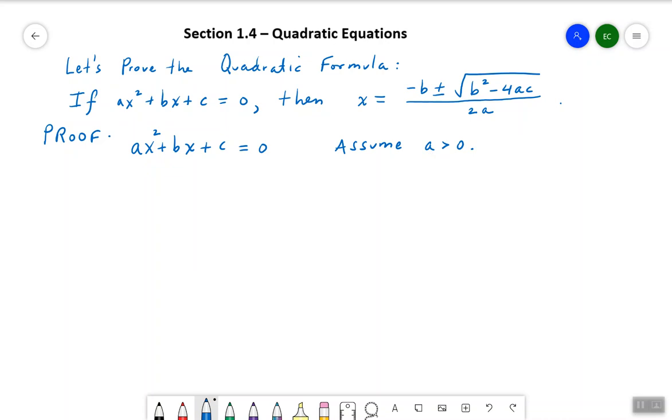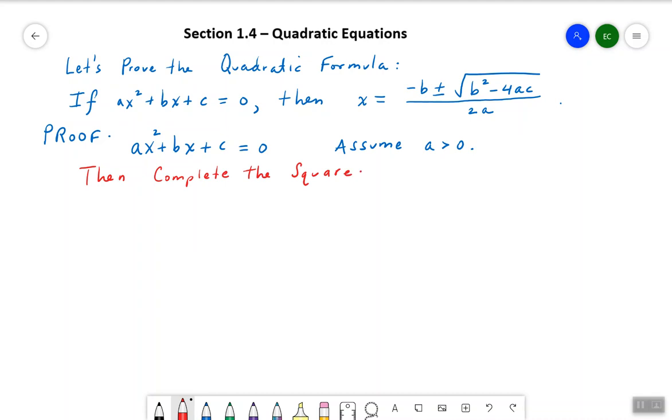So I haven't lost any generality. We say that without loss of generality, we can assume that a is positive. And so then the big idea is just to complete the square. That's what we learned to do in the previous video.